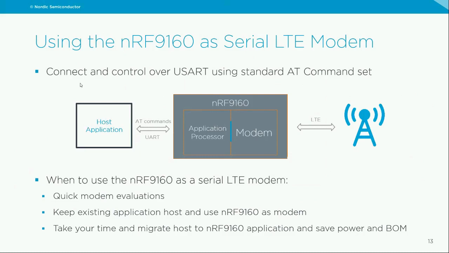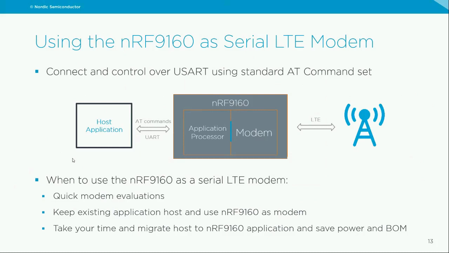First of all, I know that many of you want to have a quick way of evaluating modems. This can be for feature evaluation, power consumption evaluation, and so forth. Secondly, some of you have applications, or hosts or hardware, that you need to keep.